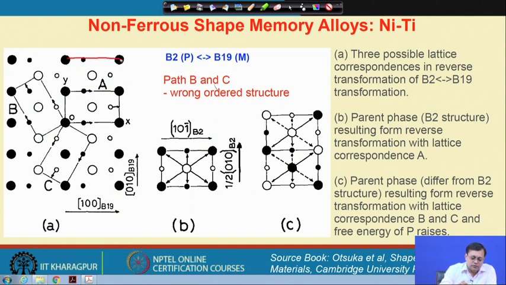Again you can have a look here. If I join this lattice, I simply move it here, I simply move it here, I simply move it here, I move it here. So, it is an A type of lattice, and I get back the original B2 structure from the A type of lattice.